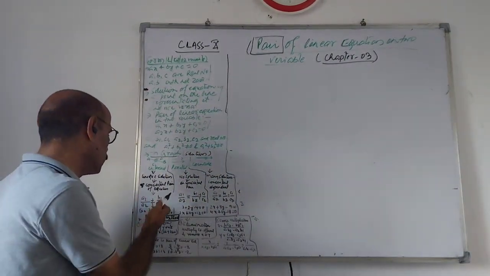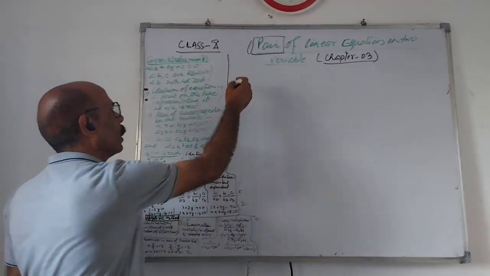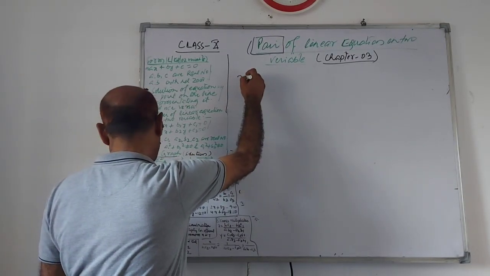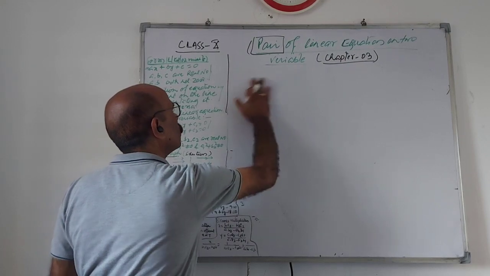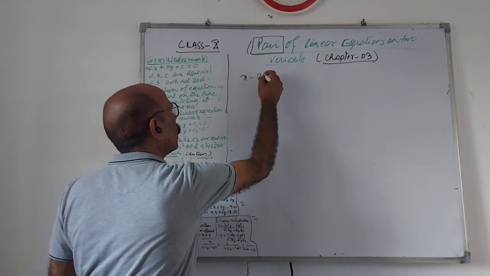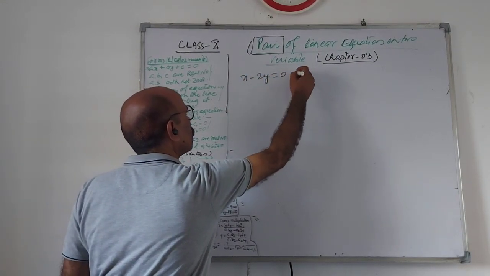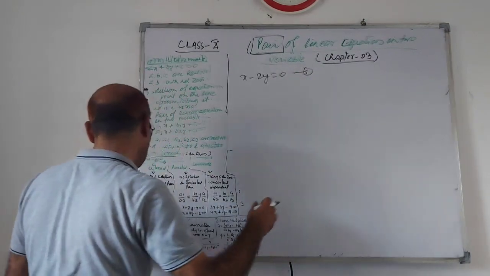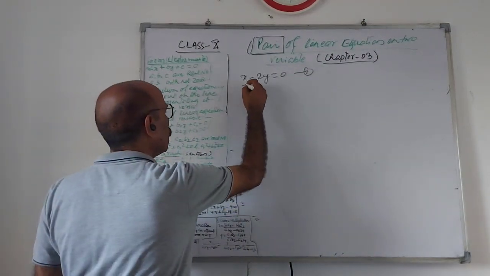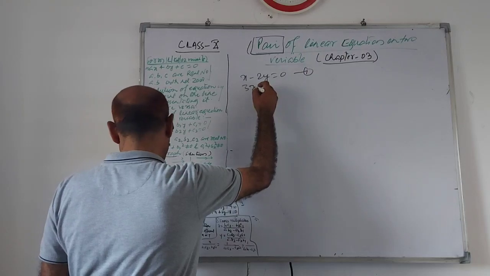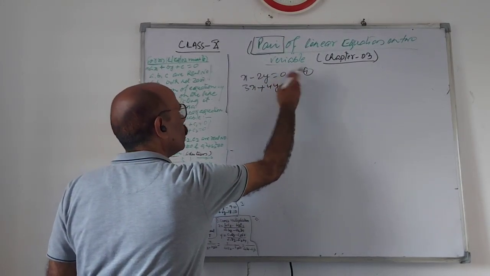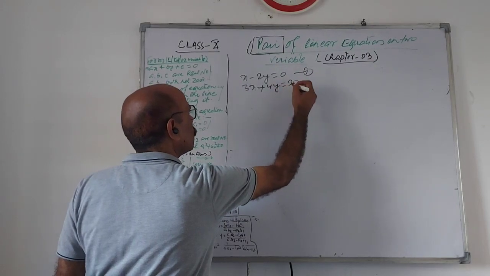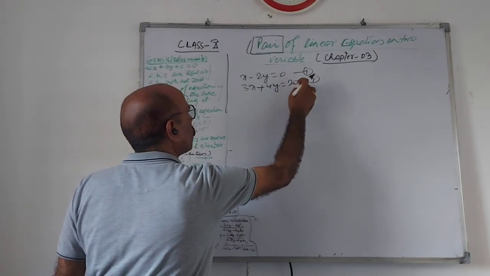Take, suppose, this same equation that we took on the graph. This is x minus 2y is equal to 0. This is equation 1. And another is 3x plus 4y minus 20 is equal to 0; bringing 20 to this side, it is plus 20.